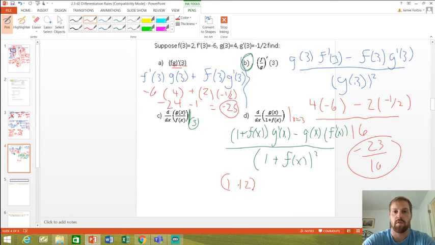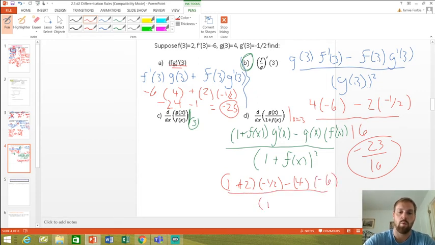G prime of 3 is negative 1 half. Minus, and then g of 3 is 4. And then f prime of x is negative 6. All over 1 plus 2 squared. Okay.